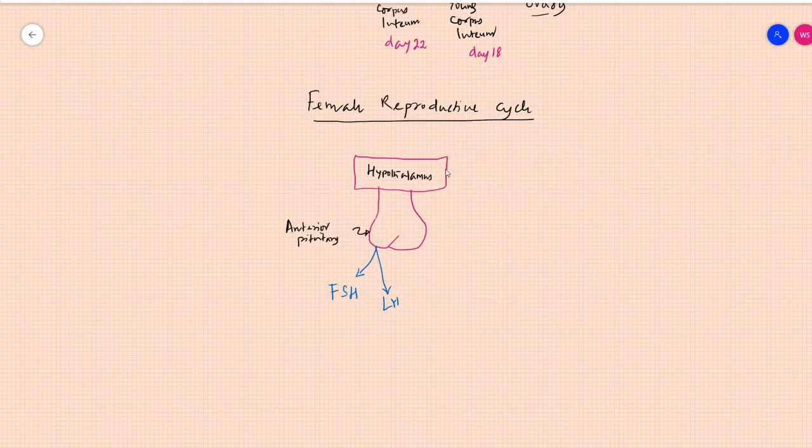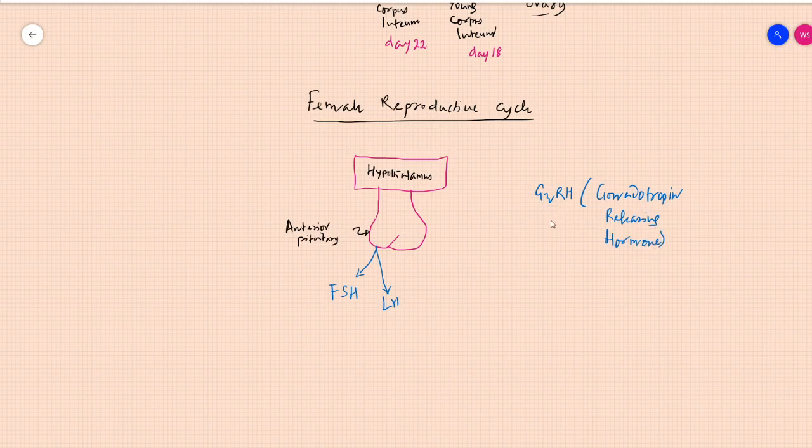Now, the secretion of the hypothalamus, what is it called? Gonadotropin releasing hormone, GnRH.